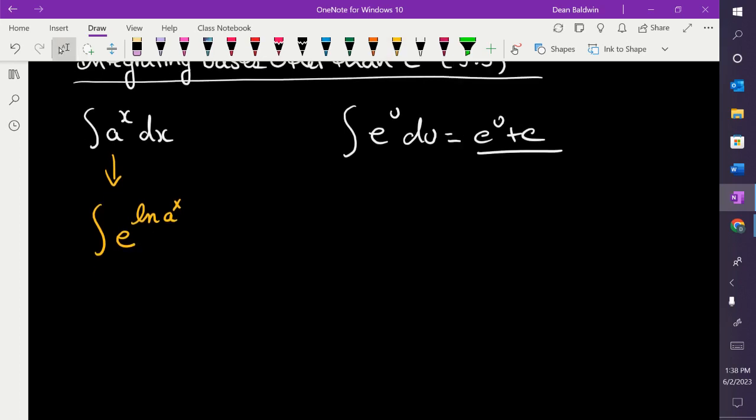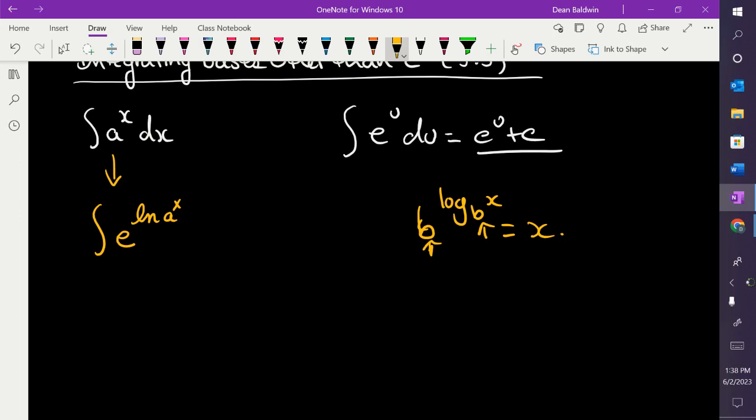If you remember your log rules, if you have base b to log base b of x, as long as these are the same, it just equals the argument. And natural log is what base? It's base e. So we haven't changed anything by writing it as e to the power of natural log of a to the x.